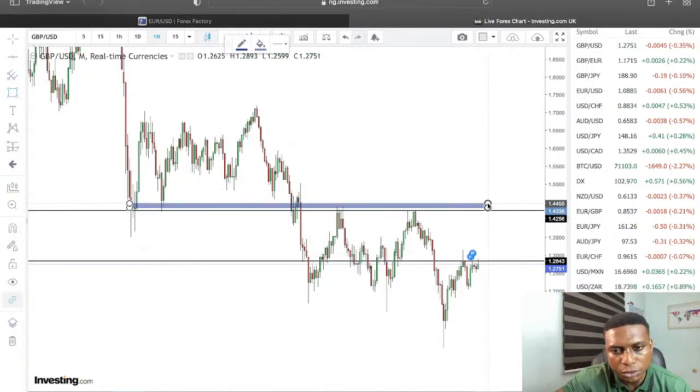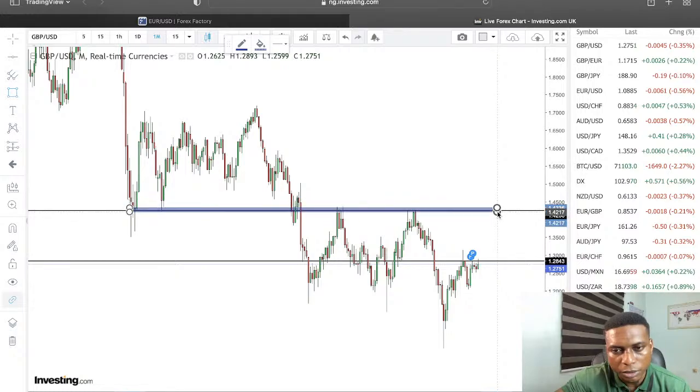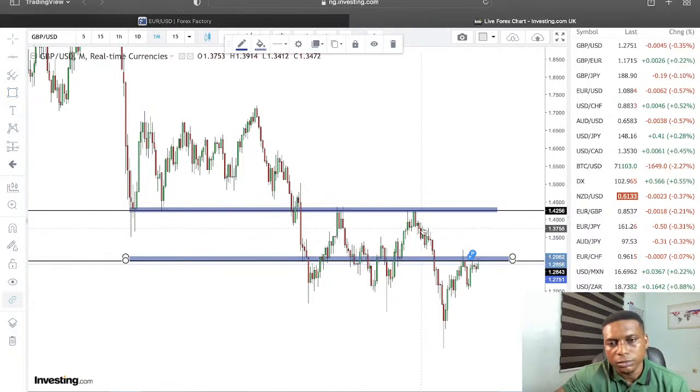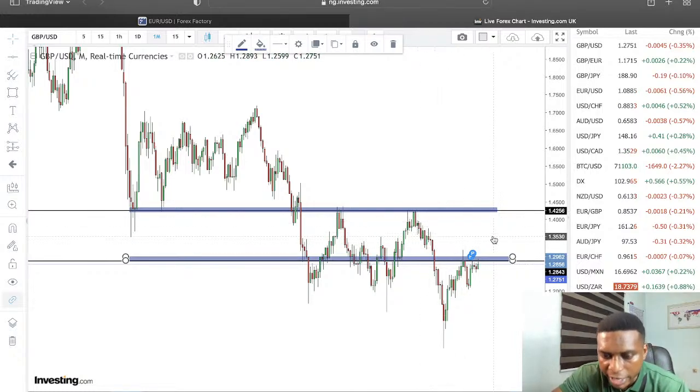We have one here. So here we have key levels.